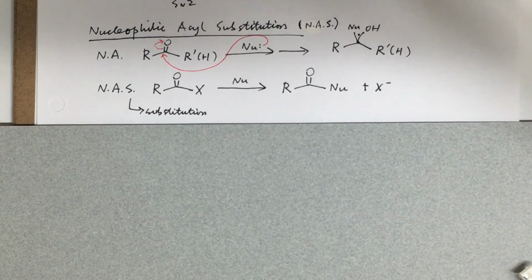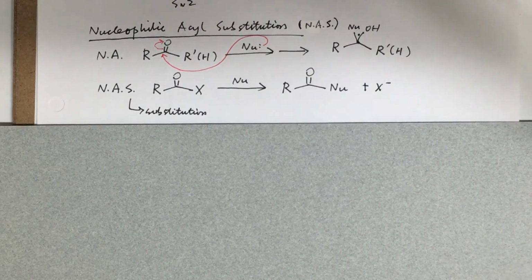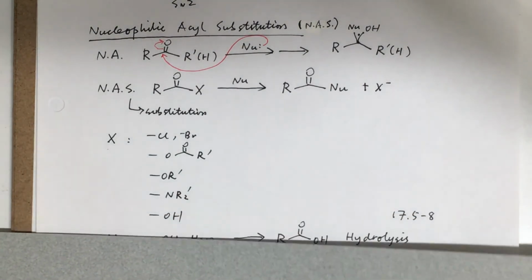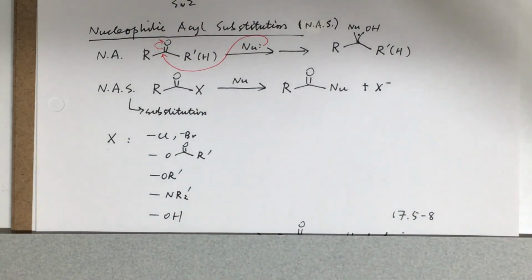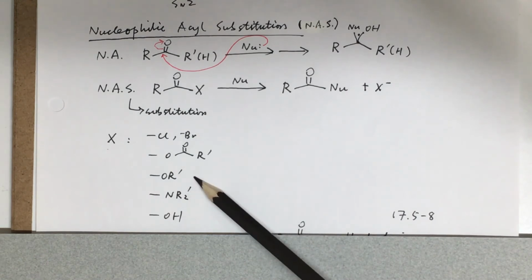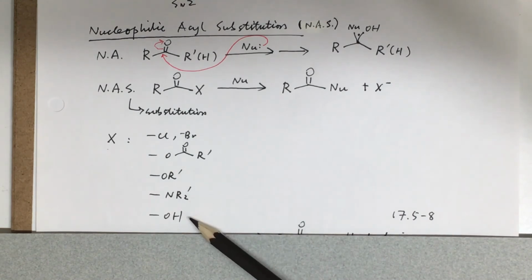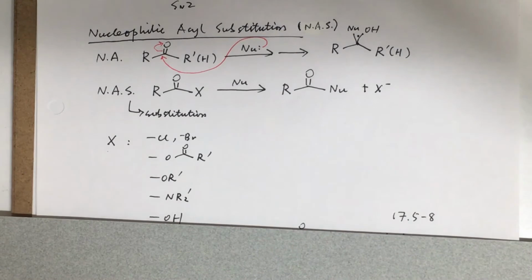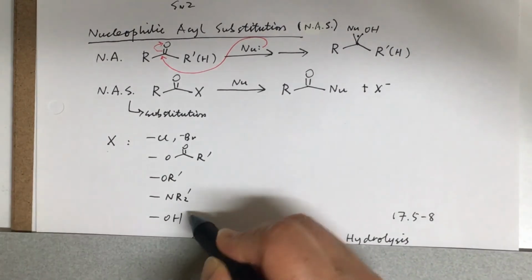Okay, so what we're going to do next is look at the scope of the reaction. Nucleophilic acyl substitution reactions could occur with many different carboxylic acid derivatives, including acid halide, anhydride, ester, amide, and carboxylic acid, and often it could also be a carboxylate.